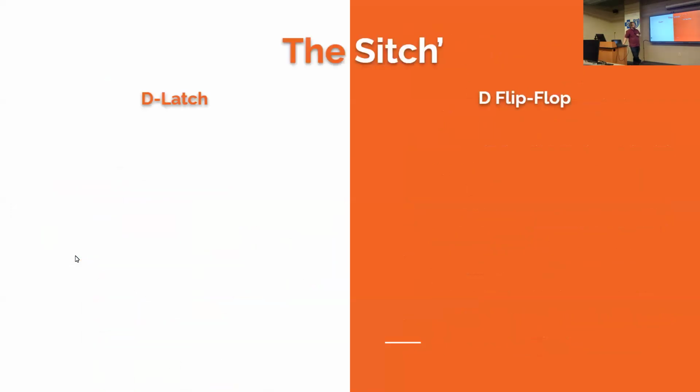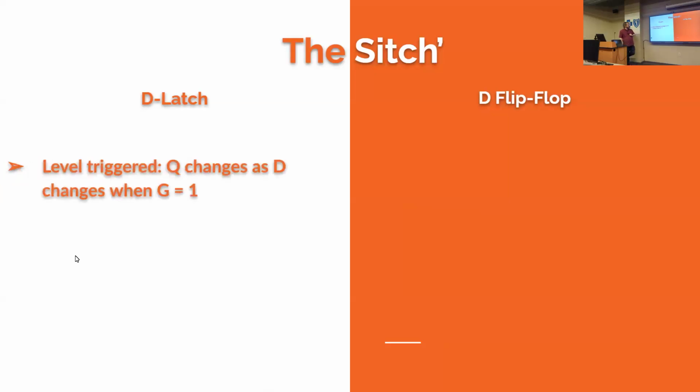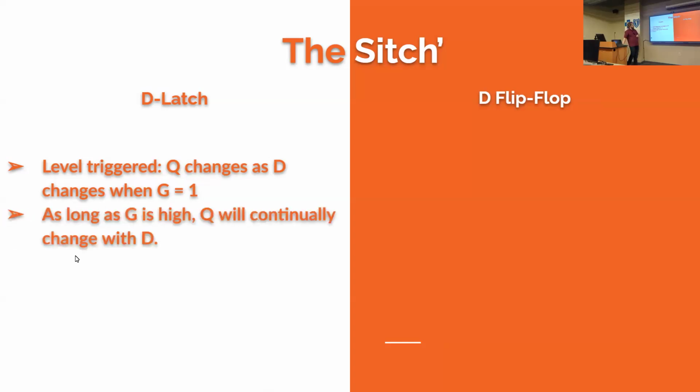All right, so here's the difference between the two. Our D-latch is level triggered. So the Q, which is our output, changes to match whatever D is, as long as G is 1. So for the whole time that G is 1, Q will update.